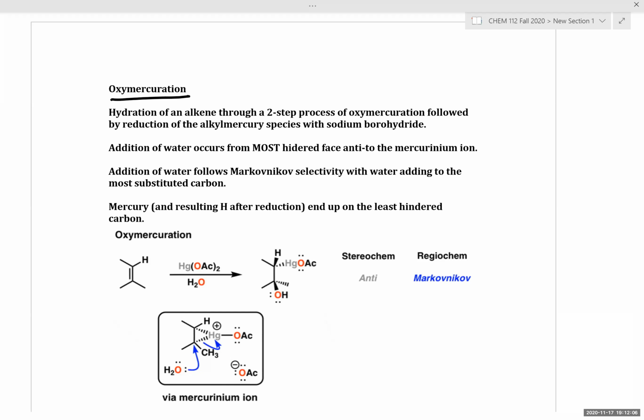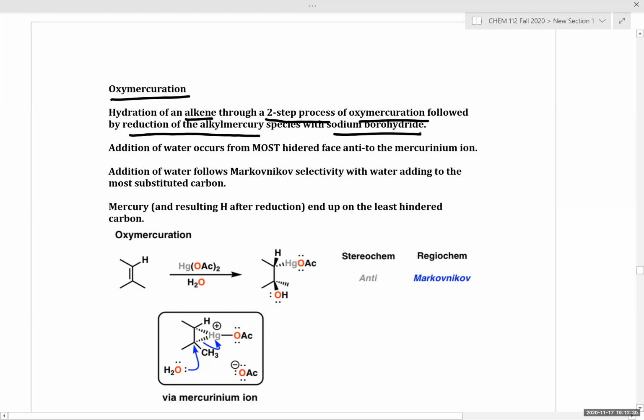It's been supplanted by some other reagents recently, but it still has its place. So you can hydrate an alkene via oxymercuration through a two-step process of oxymercuration followed by reduction of the alkyl mercury species with sodium borohydride.